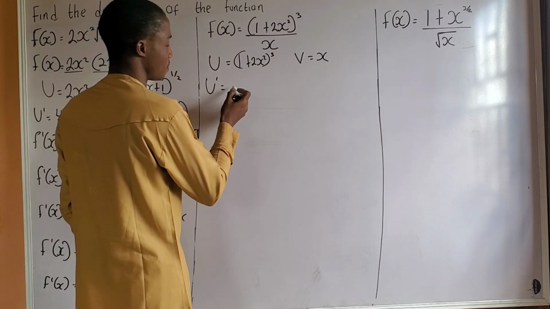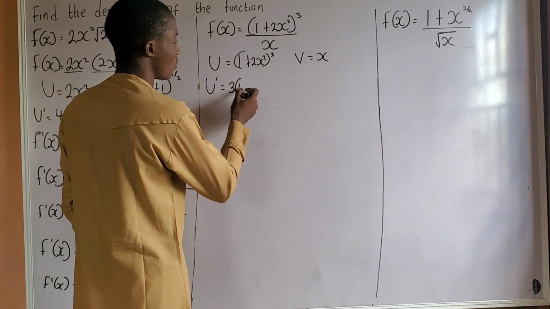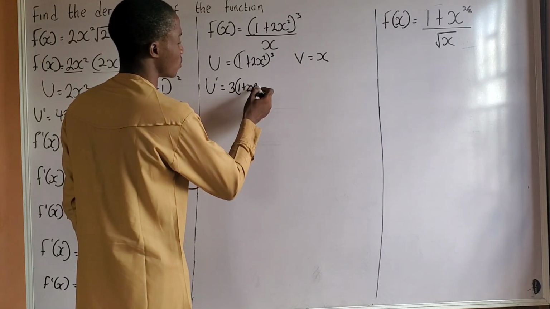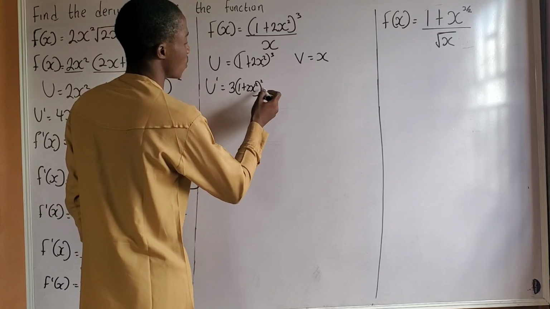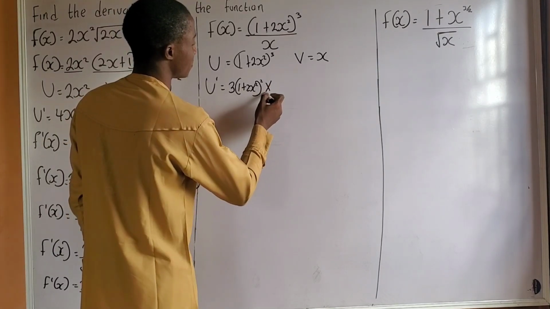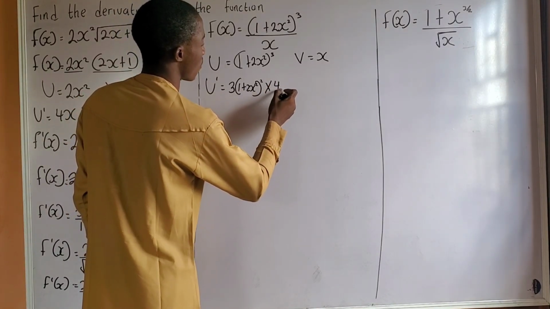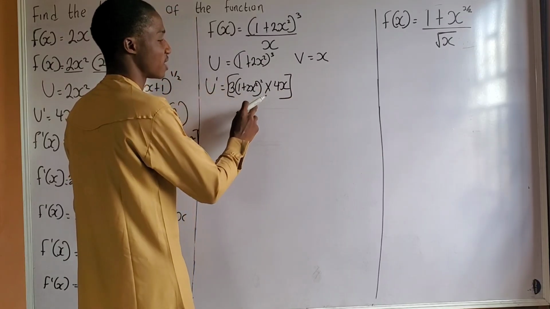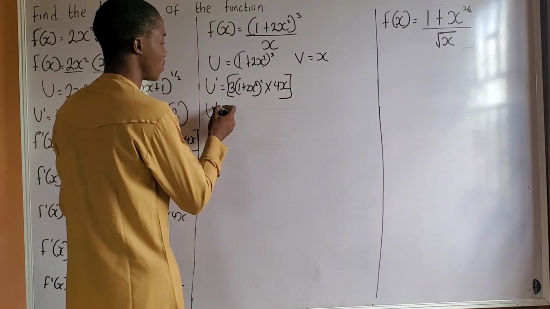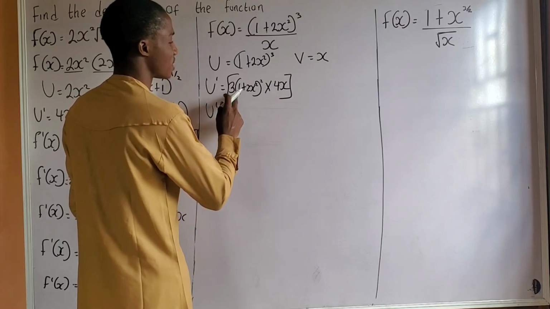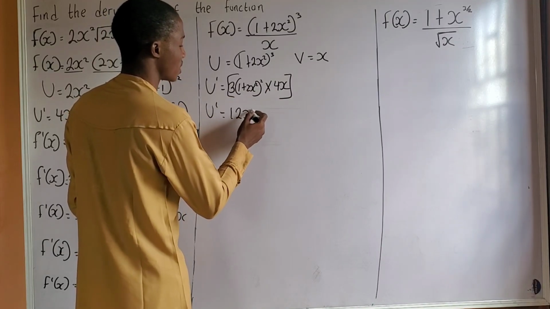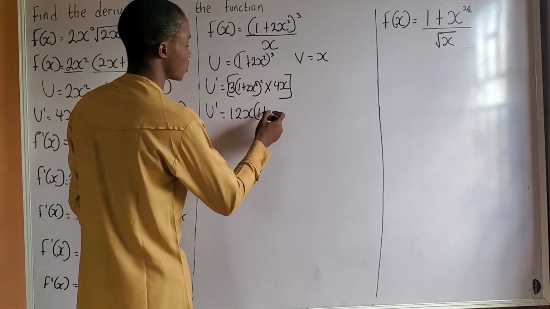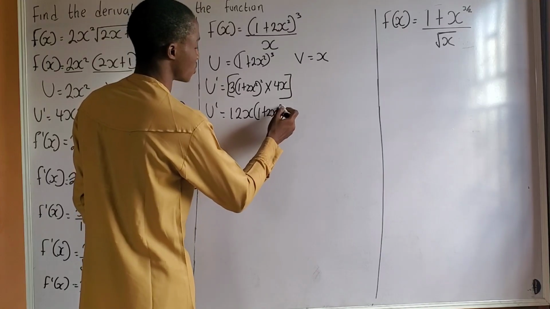I'm going to have 3 multiplied by 1 plus 2x squared raised to the power of 2, multiplied by 4x, okay? If you use chain rule to differentiate this function, you're going to have this. Are you getting it? So the derivative of u will be equals to 4x times 3. I'm going to have 12x multiplied by 1 plus 2x squared raised to the power 2.